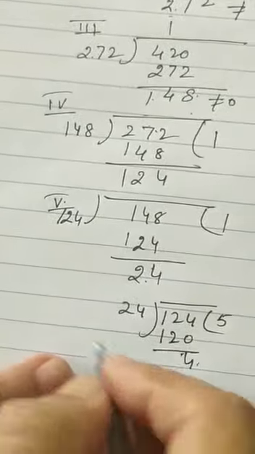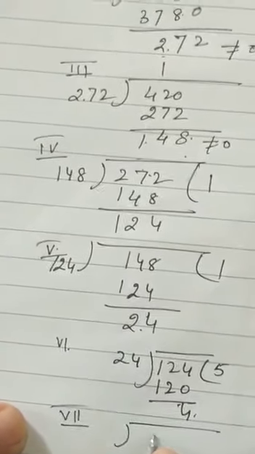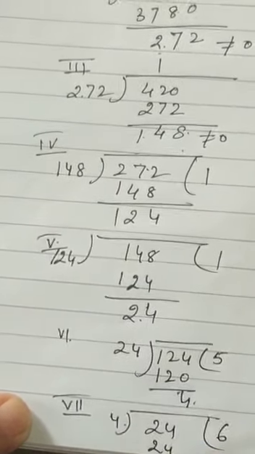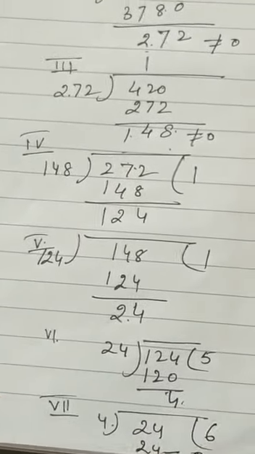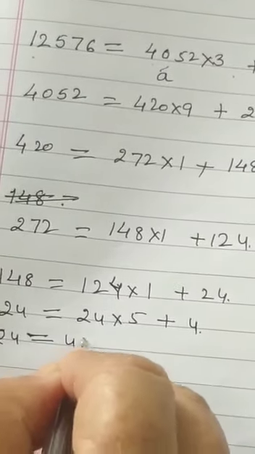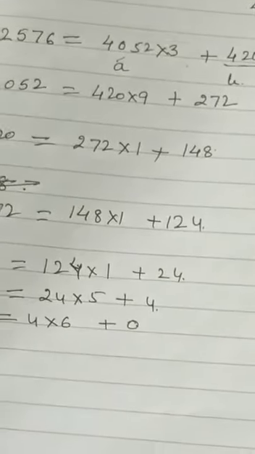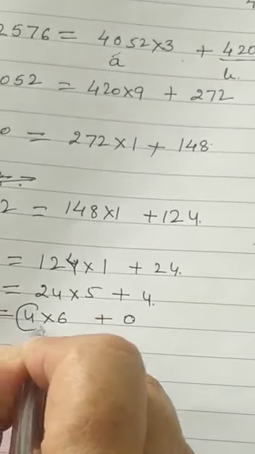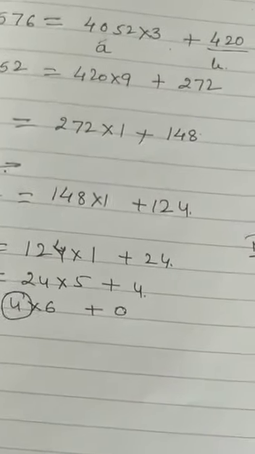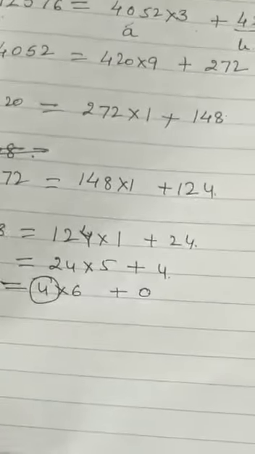Again, seventh step is 24 divided by 4 is 6, and this is equal to 0. When it comes to 0, so what is the remainder? Divisor is the HCF. जब भी हम HCF निकालेंगे, if remainder is 0, the divisor is the HCF.